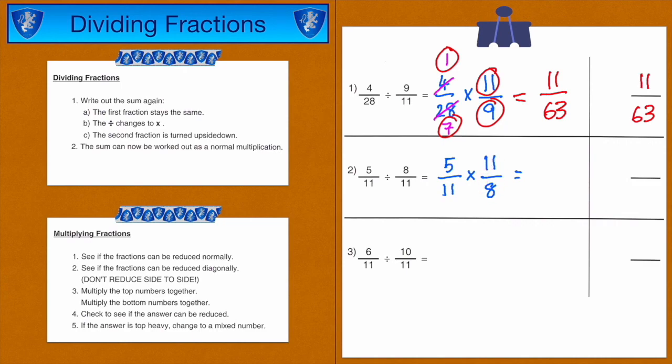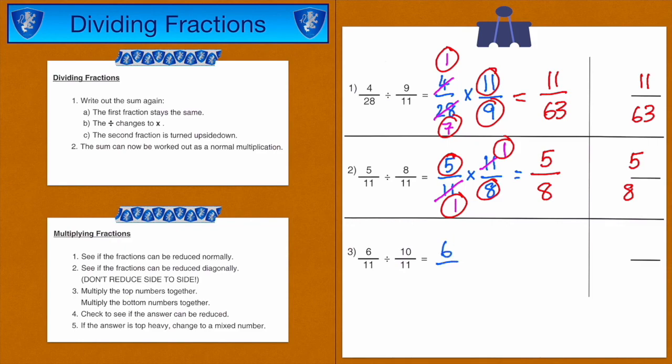We can't do anything with 5 and 8. But we can divide by 11 if we go diagonally that way. 1, 1. And then we've got 5 times 1 is 5. And 1 times 8 is 8. So that's 5 eighths.